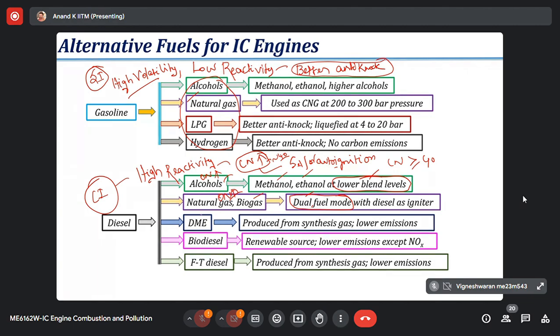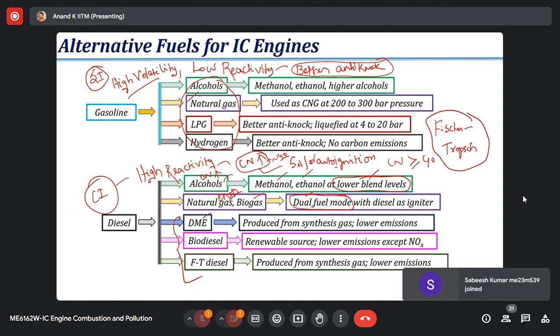Then you have something called DME. These three fuels are high cetane fuel: DME, biodiesel, and FT diesel. FT is Fischer-Tropsch diesel. Fischer-Tropsch diesel is also called synthetic diesel. It's a person's name actually, who discovered the process to produce this fuel. DME, biodiesel, and Fischer-Tropsch diesel.